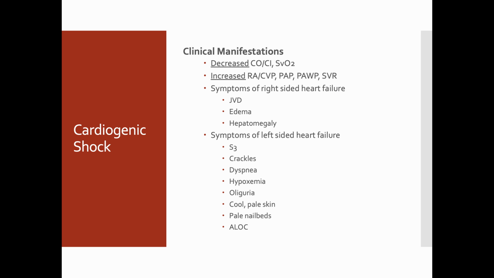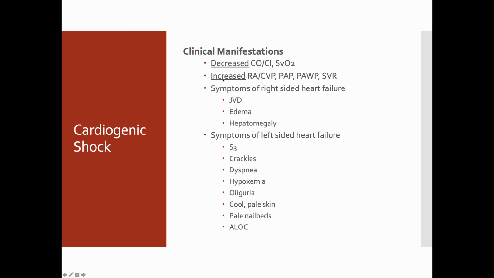So the manifestations of cardiogenic shock are decreased cardiac output and index and a decreased SvO2. We're going to talk about those things more when we talk about shock in a couple of weeks. Actually, I think it's next week that we talk about hemodynamics, and we'll talk more about what all those things mean at that time.